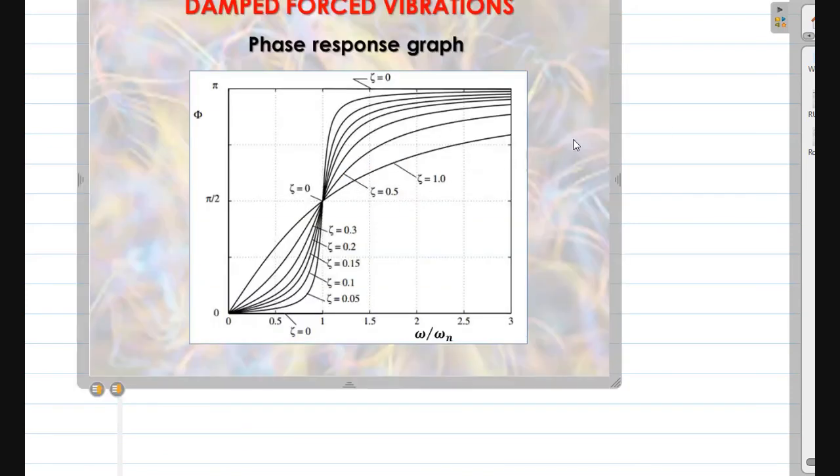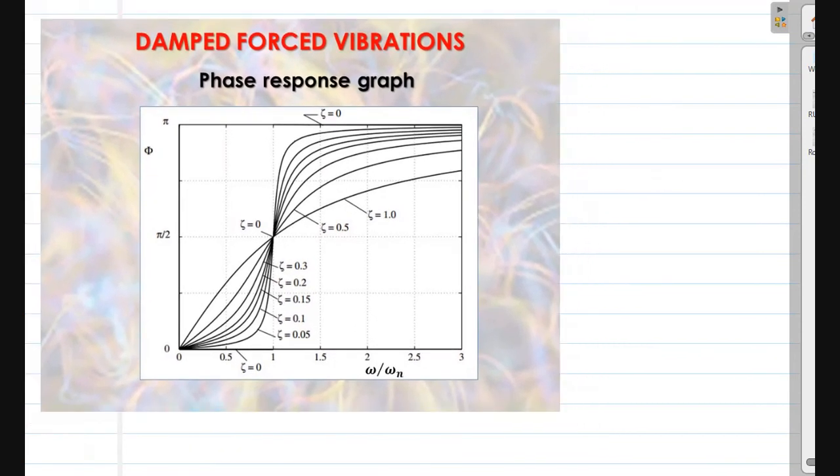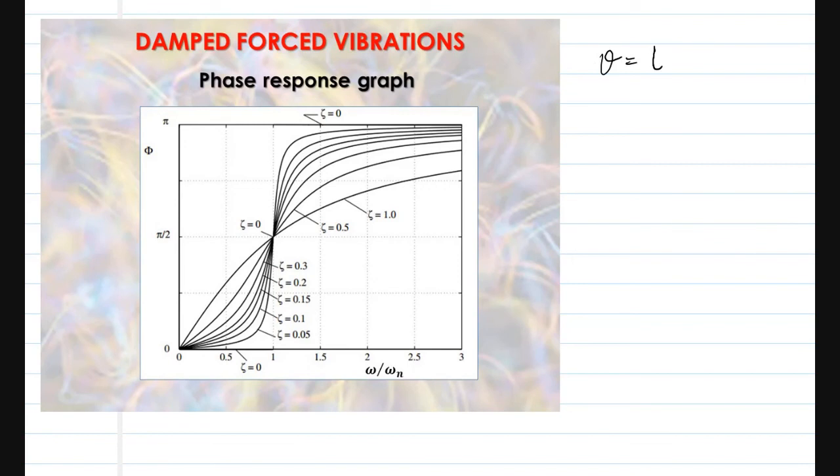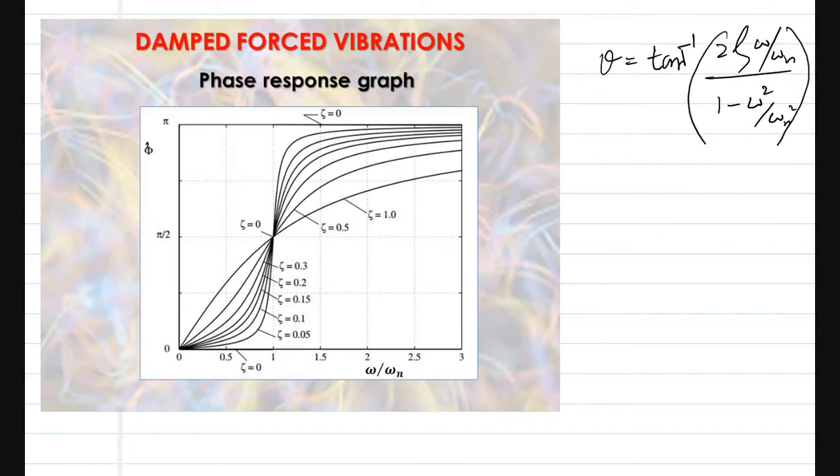Now apart from that, you have to see the phase response. If you remember, the formula is theta equals tan inverse of 2 zeta omega by omega n divided by 1 minus omega square over omega n square. So here it is theta, and here it is again the frequency ratio.